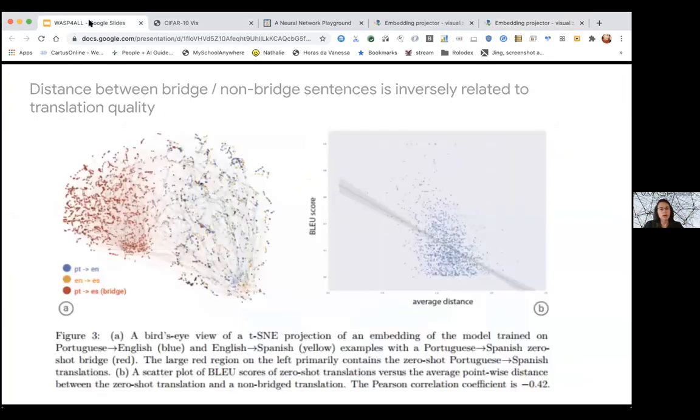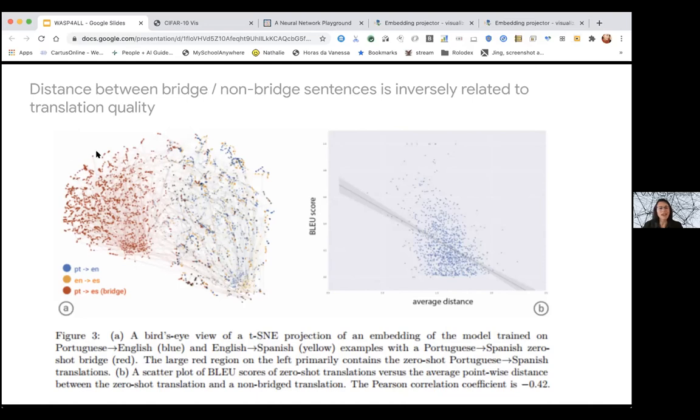So, last point I want to make. This is a sister system that has Spanish, Portuguese, and English. So again, three languages. And I'm doing the exact same visualization, but when you look at this image here, unlike what I was showing before, you can see a neighborhood of red.